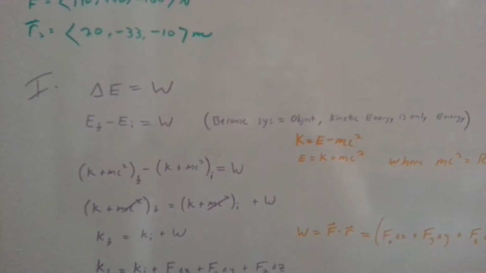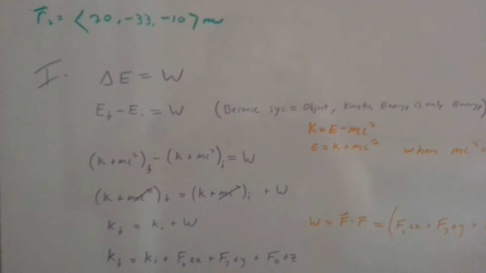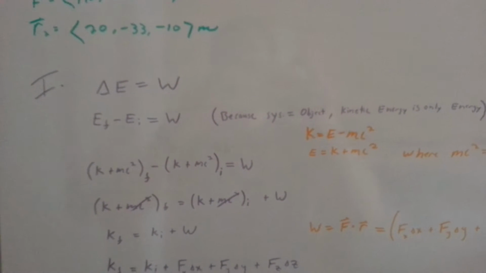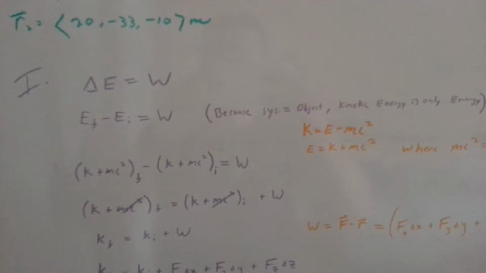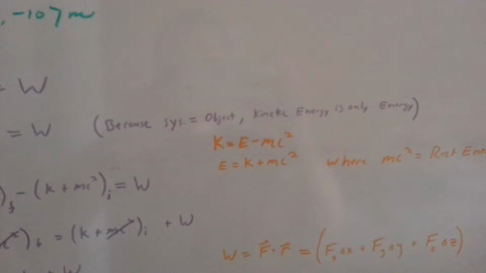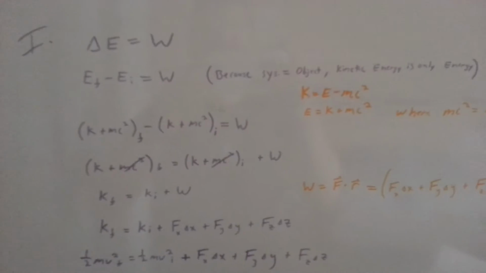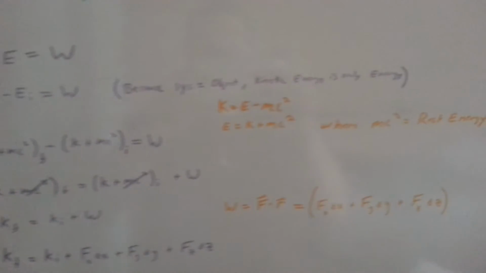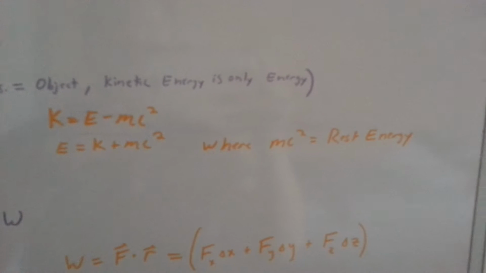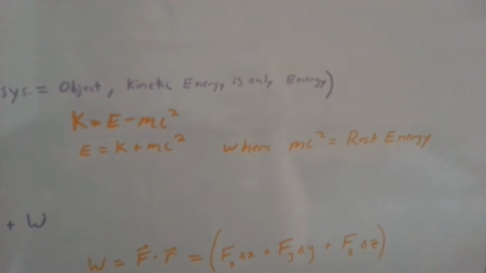First off, we're going to start with a fundamental principle, which is the change in energy equals work, which you can expand to the final energy minus the initial energy equals work. And because the system is only the object, the kinetic energy is the only energy that's going to be taken into consideration. So, because kinetic energy is the only energy we're going to use, we can use this definition: kinetic energy equals the energy minus the rest energy.